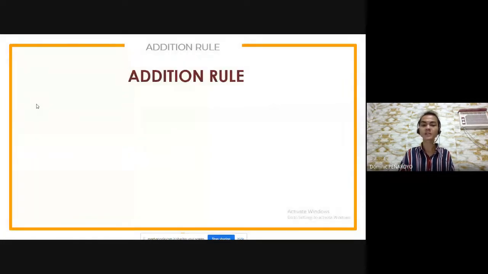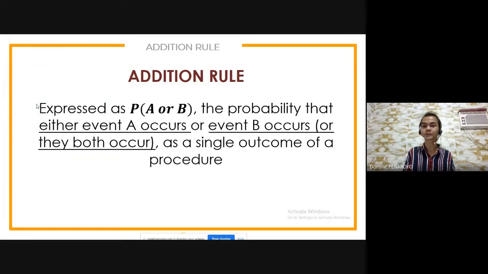All right, so let's proceed now with the addition rule. This is the notation we have for the addition rule, and it reads as the probability that either event A occurs or event B occurs or they both occur as a single outcome of a procedure.